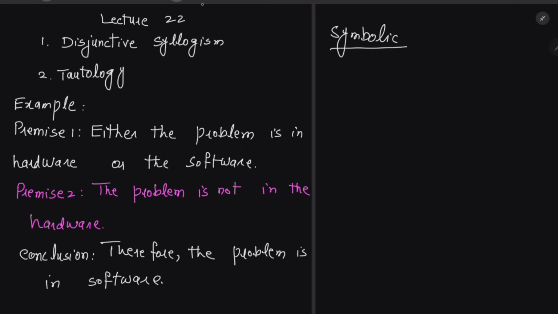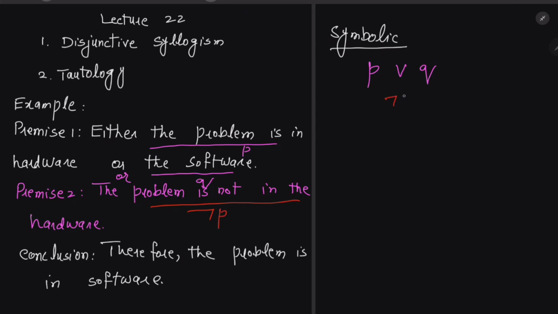Since the given statement contains P and there is "or", and afterward there is Q, we write P or Q, either P is true or Q is true, and then we negate. For example, in premise 2, we say that the problem is not in the hardware. So it means that we say not P.